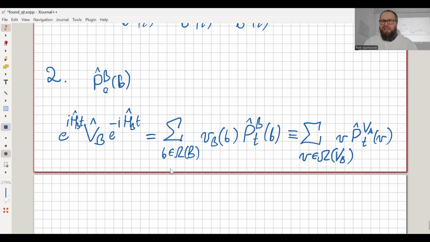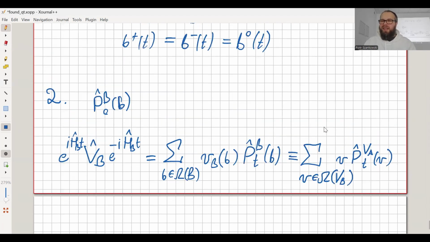Okay, so in the event that there is some degeneracy here, we can just redefine the eigenvalues and eigenspaces. So we collect the projection operators that correspond to the same eigenvalue, and in this way we create a new set of operators that are directly connected to the eigenspaces and eigenvalues of operator VB. Okay.